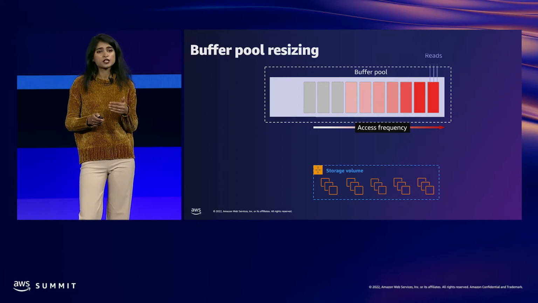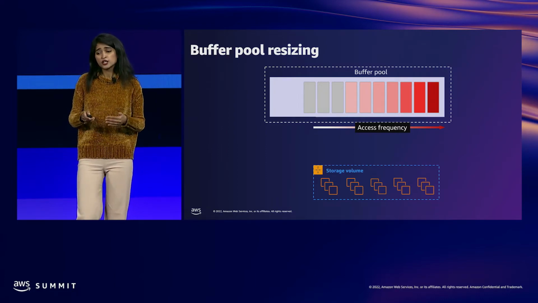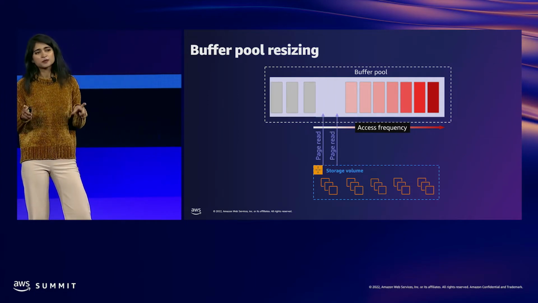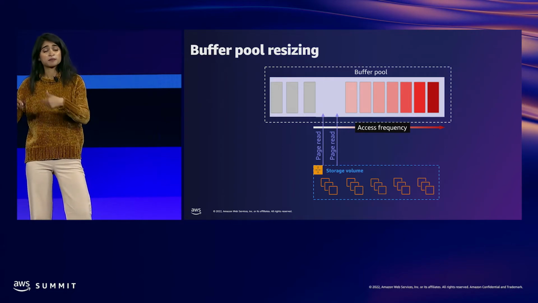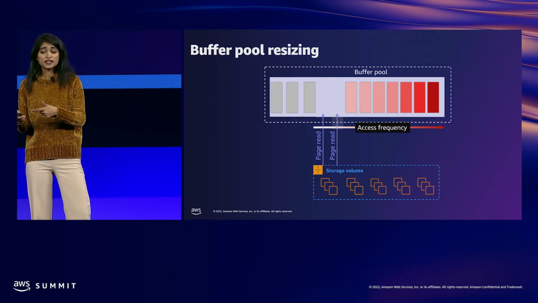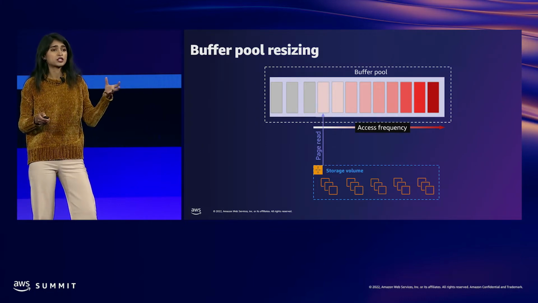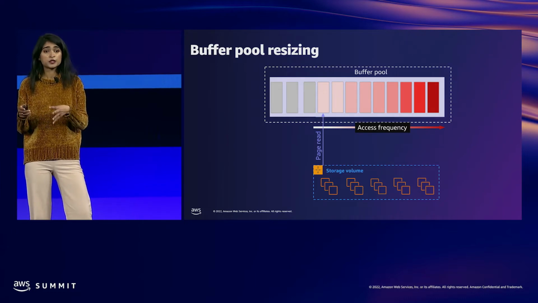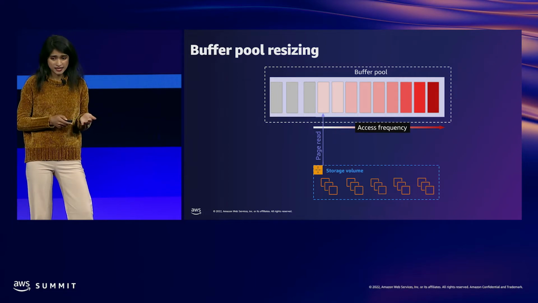As pages are read from the buffer pool, they become hotter. You can also have a scenario where you're reading pages from the storage side. At this point, you don't know how these pages will be consumed. As they're read more, they can become hotter. And when they're not read that often, they become colder pages, which are more likely to be evicted. If we're going to read them again, we want to make sure we don't make them cold pages, because those are the ones that get evicted.